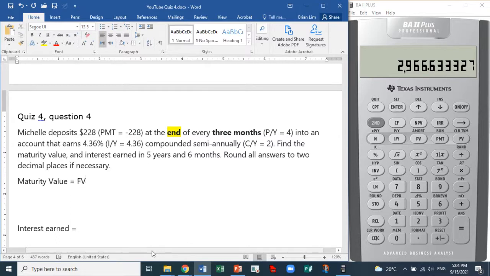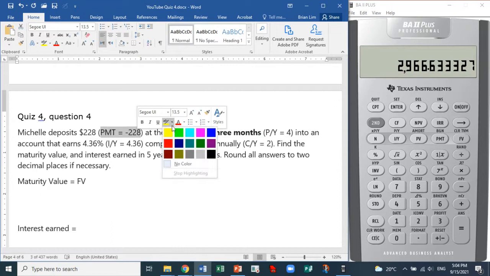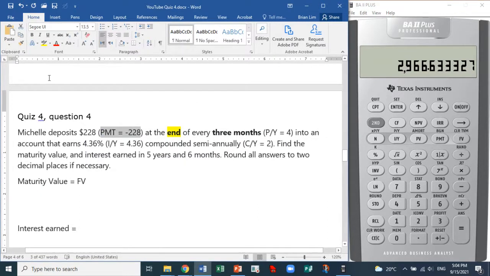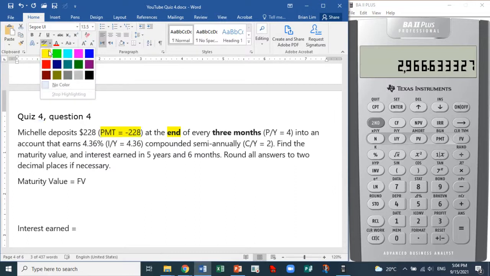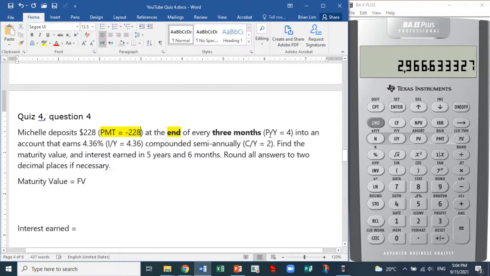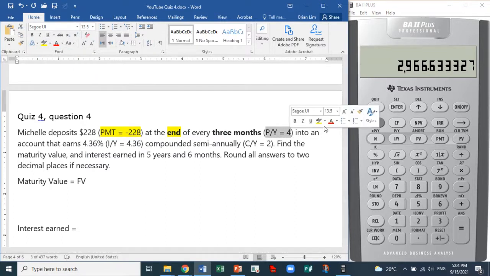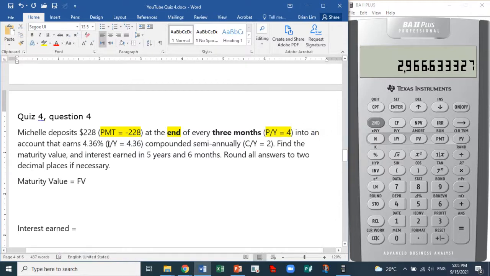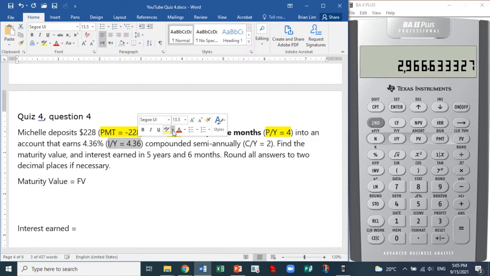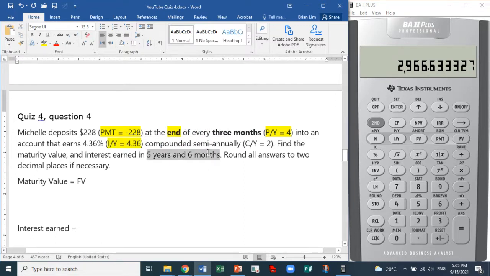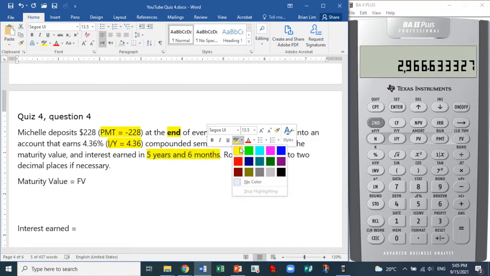So we have to compute that. We can go and highlight these values. We do the IY, and then we are using this 5 years and 6 months.